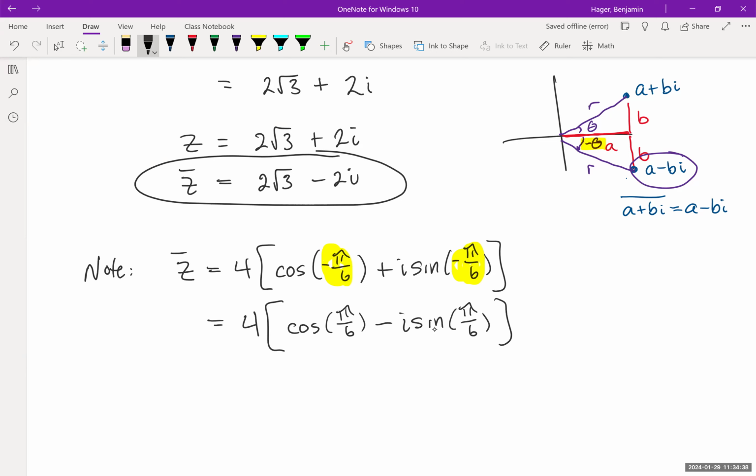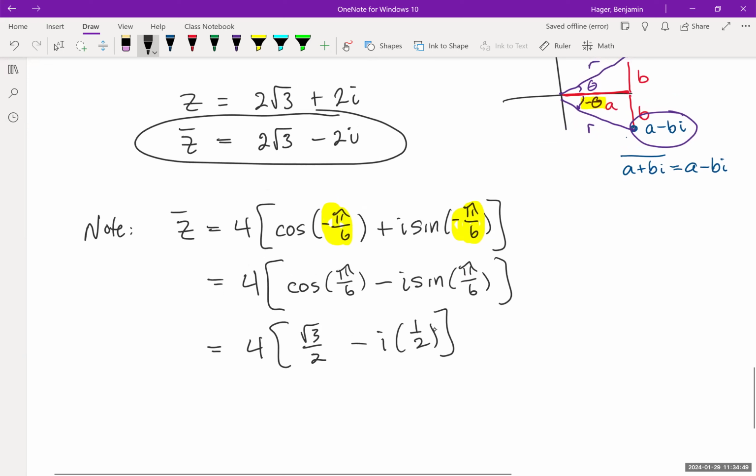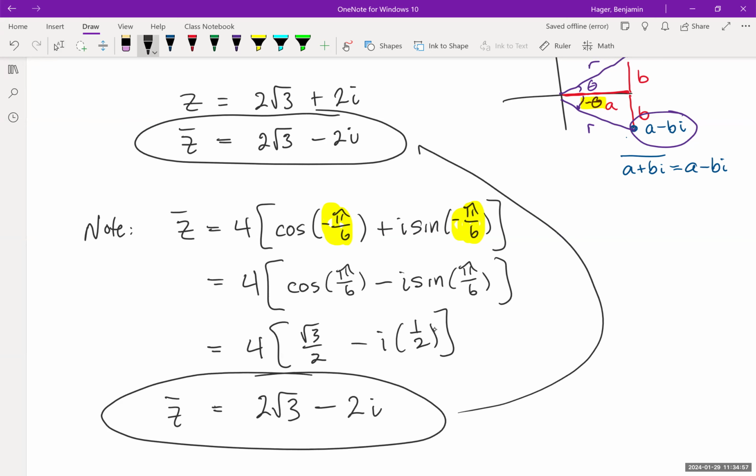So that's just my approach, but everyone's got a different way. Cosine of pi over 6 is root 3 over 2. i times a half is sine of pi over 6. And when I distribute the 4, I get 2 root 3 minus 2i. Same thing we got up here.